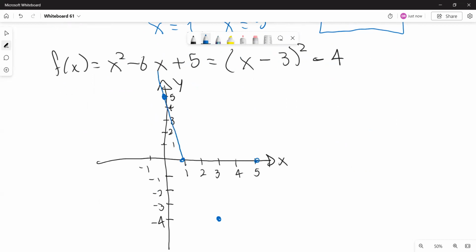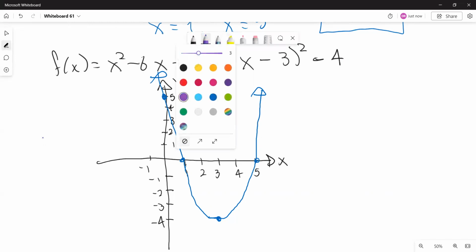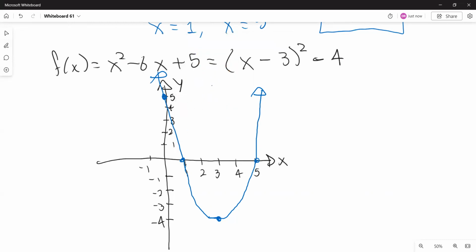So that's going to be the graph. And finally, the axis is x equals 3, so I can also draw that. Not x equals 5, x equals 3.